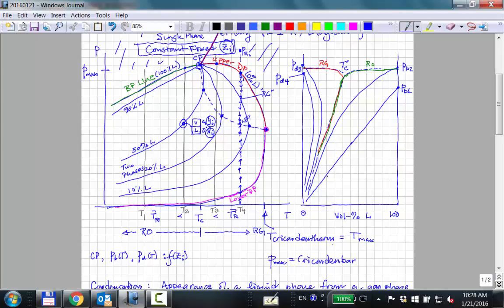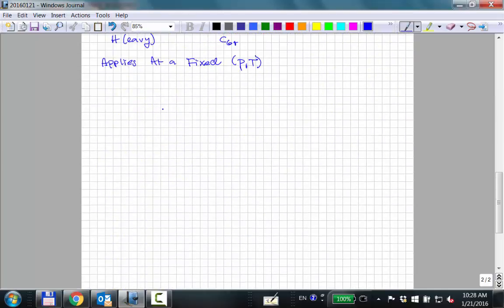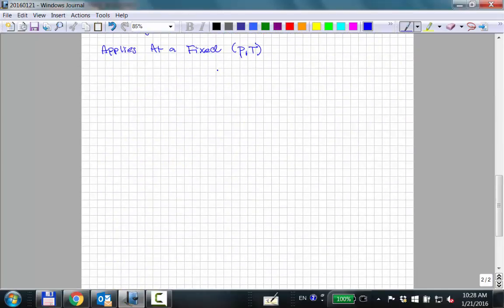All right? But now we're going to use just the 3 components. And because we have 3 components, we can actually do a graphical representation of this using what's called a ternary diagram. I'll label it light, intermediate, and heavy.